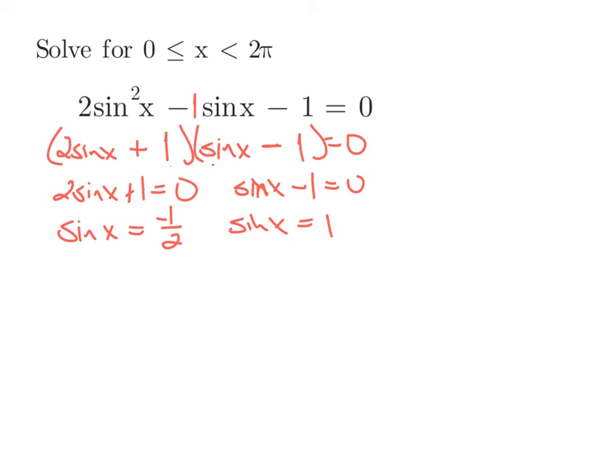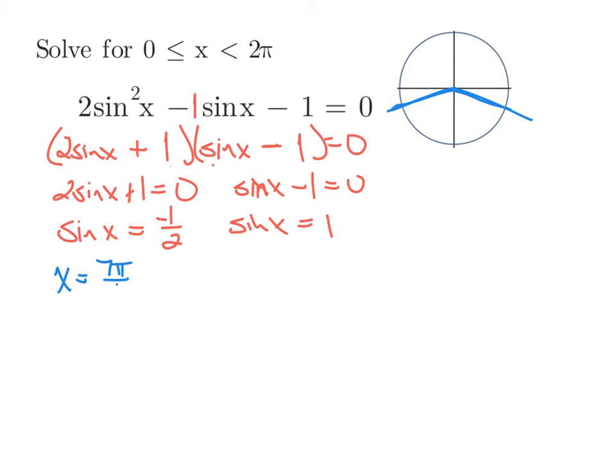So, thinking about our unit circle again, solving each of these, where is sine of x equal to negative 1/2? Well, that would have to be in the 4th and the 3rd quadrants. The pi over 6 angle in the 3rd quadrant is 7 pi over 6.